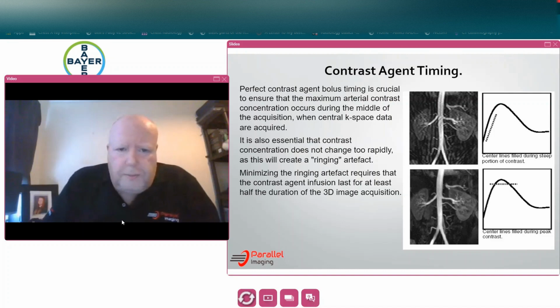So in order to minimize this ringing artifact, the infusion should last for at least half the duration of the 3D image acquisition. So again, it's important that we don't use too fast a bolus.